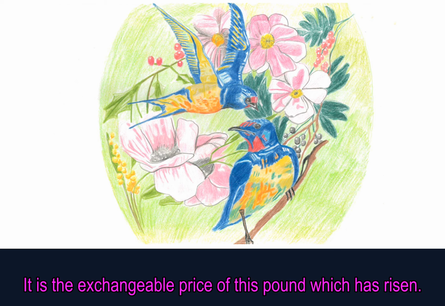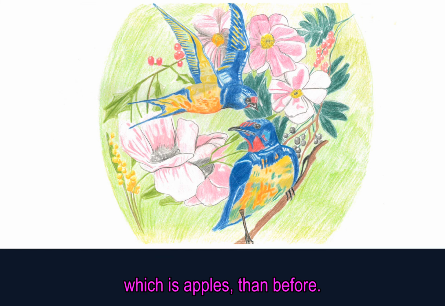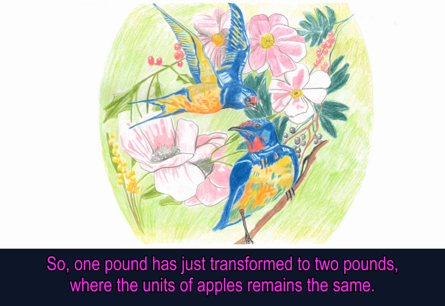It is the exchangeable price of this pound which has risen. More of it will be required, more pounds will be required to exchange for the commodity, which is apples, than before. So £1 has just transformed to £2, where the units of apples remains the same.